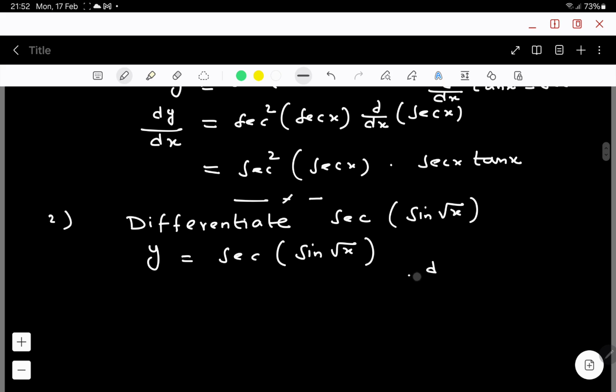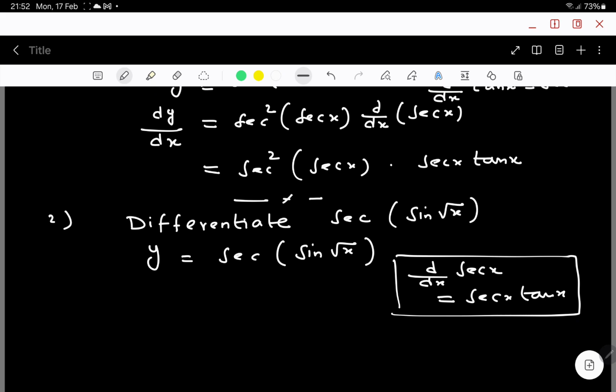So we know d by dx of secant x is secant x tan x. So apply the formula here. Differentiation of secant of sine root x is first differentiate secant and then differentiating sine root x. That is chain rule.